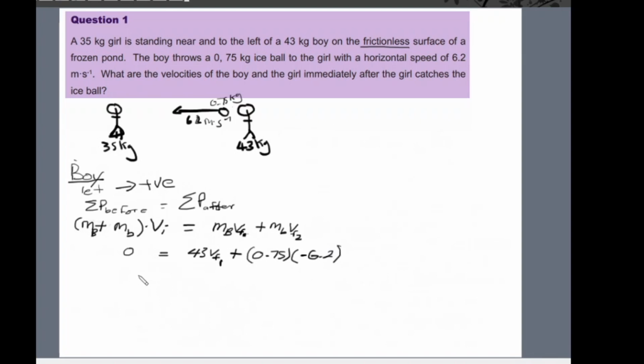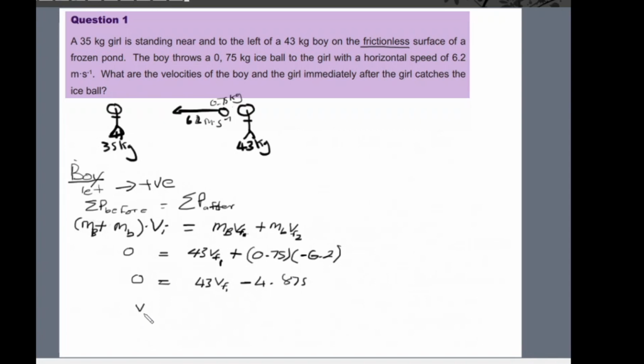Okay, so left hand side we still have 0, this side we have 43 vf1 minus 0.75 times 6.2 times negative 6.2, that's negative 4.875. Okay, so now we can solve for the final velocity of the buoy.